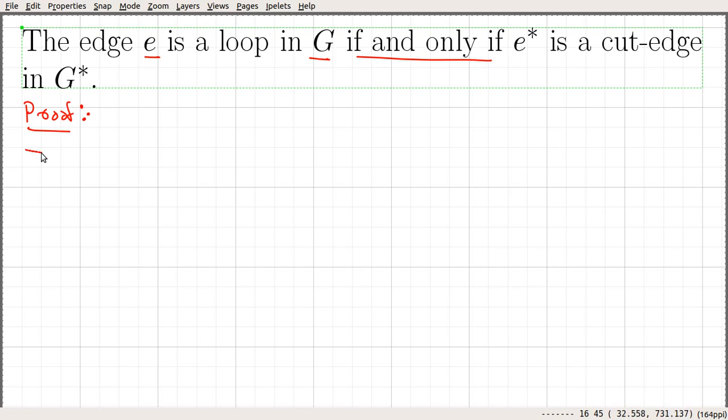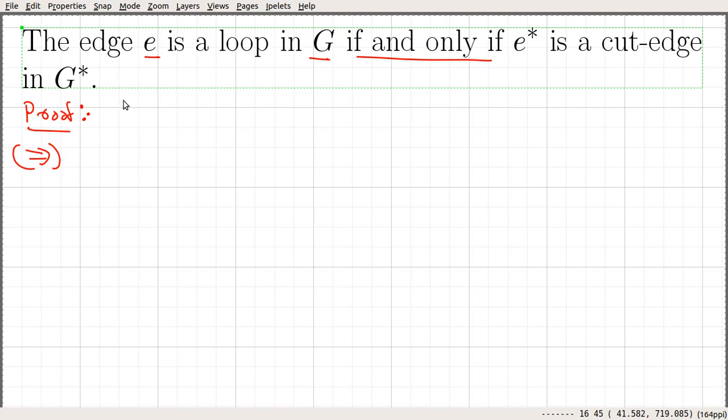Let's prove this direction first. That direction reads as follows: if E is a loop in G, then E star is a cut edge in G star. So we assume that E is a loop in G, and we will prove that the corresponding edge E star in G star is a cut edge.